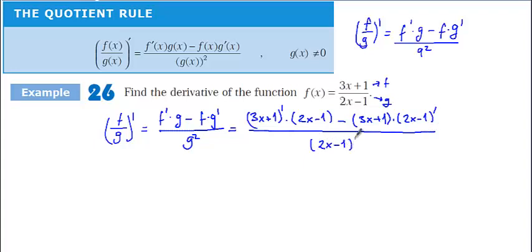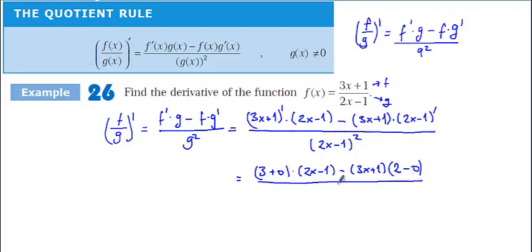2x minus 1 squared. Okay, derivative of 3x plus 1 is going to be equal to 3 plus 0 times 2x minus 1, we are going to write same, minus 3x plus 1 times 2x minus 1 derivative is going to be equal to 2. 2x derivative is equal to 2, minus 1 derivative is equal to minus 0, over here 2x minus 1 square.